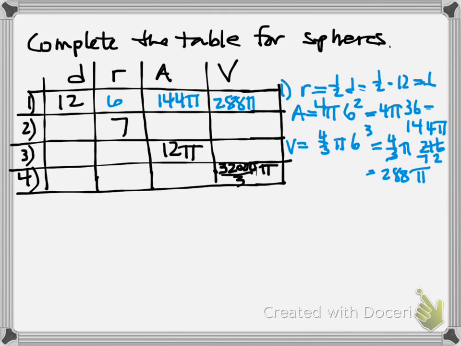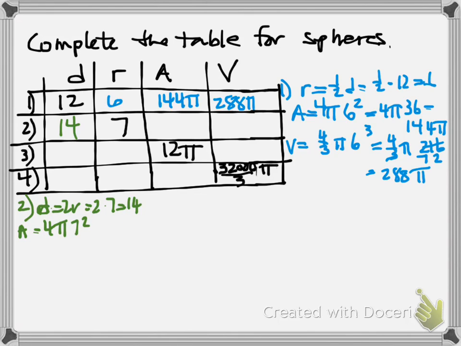Okay, number 2. We have the radius is 7, so the diameter is going to be twice the radius, and it's 14. Okay, now area, 4 pi radius squared.